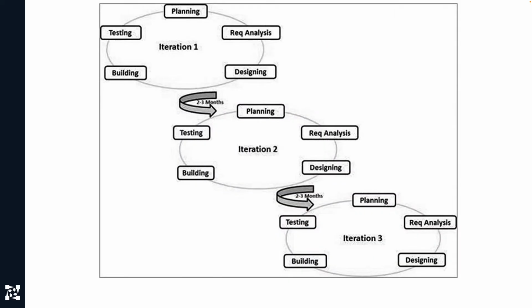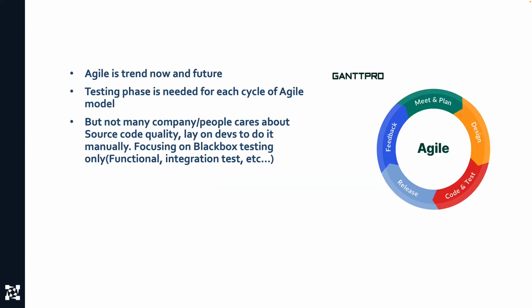But as you can see here, in each cycle of the agile, we have a testing phase. Agile is trending now and in the future. And in agile, the testing phase needs to be used to find problems in each small cycle.